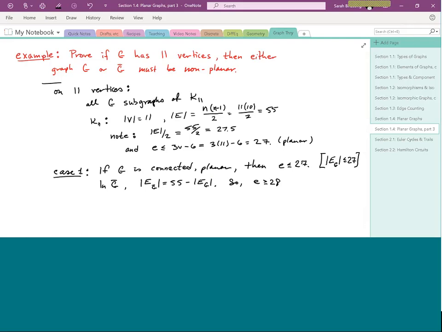Don't overthink it. Where does that 28 come from? Ooh, that's a good way of thinking about it. But yeah, I just subtracted 27 from 55. That's literally it. And any guesses why the inequality flipped?